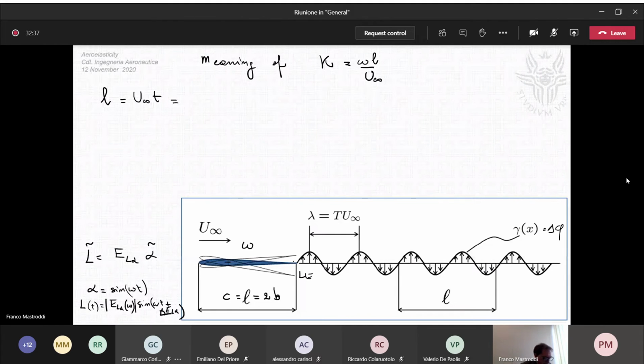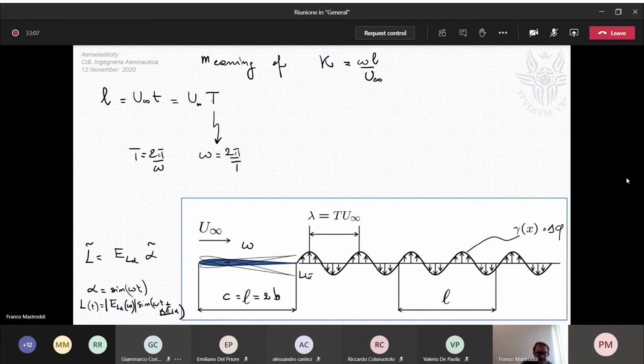And so this time T is equal to the period of oscillation, where omega is equal to 2 pi by capital T, and therefore the period is equal to 2 pi by omega. Omega is the frequency of oscillation of my airfoil.